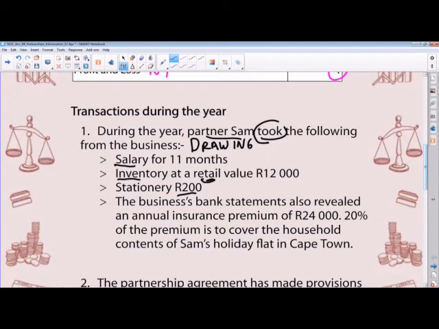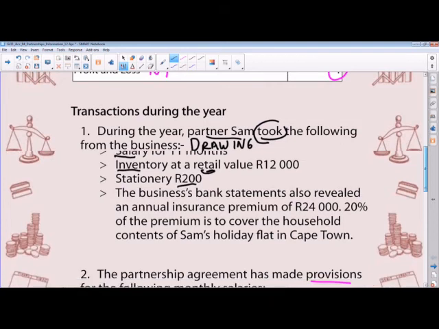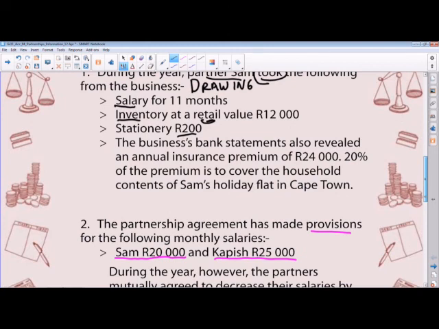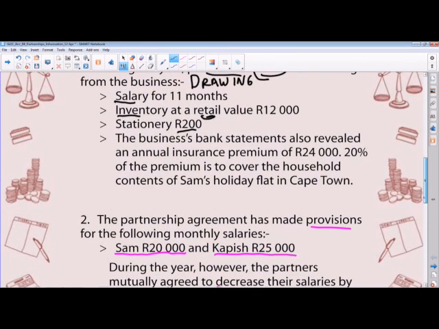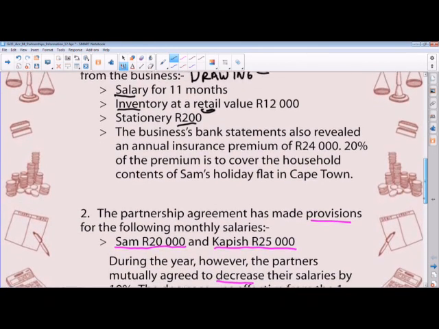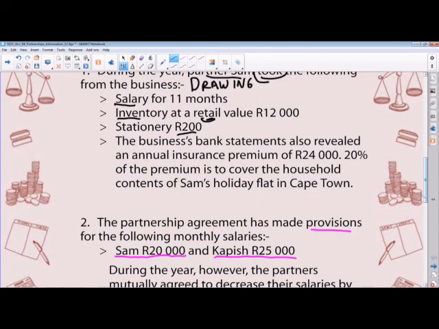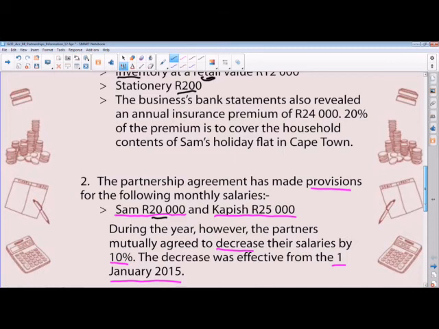Right, salary for 11 months. Now remember guys, we did a calculation earlier on for his salary, but this is going to be slightly different. So I'm just going to look at information 2 as well. Remember his monthly salary was 20,000, but they did decide to decrease their salary on the 1st of January by 10%.